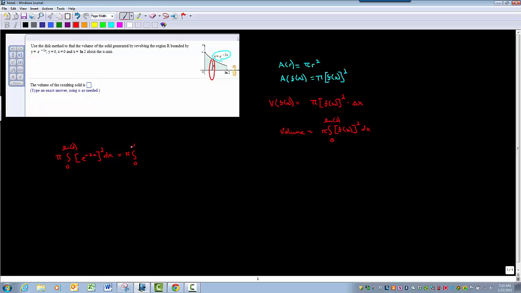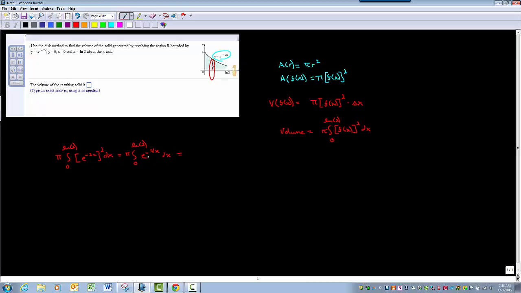So that will be e to the negative 4x dx, because when you take something with a power and raise it to another power, you multiply these powers together. So we get this. So let's continue.